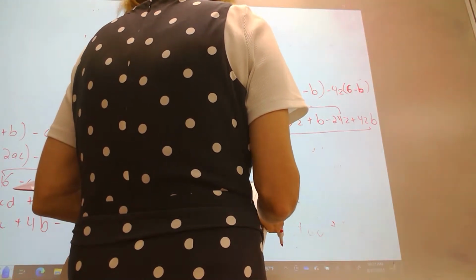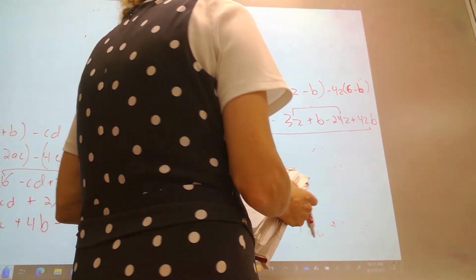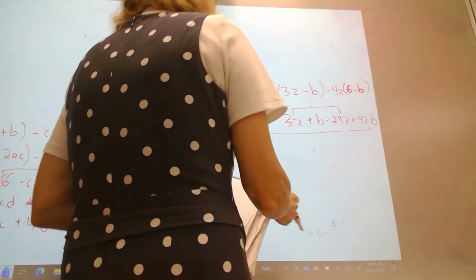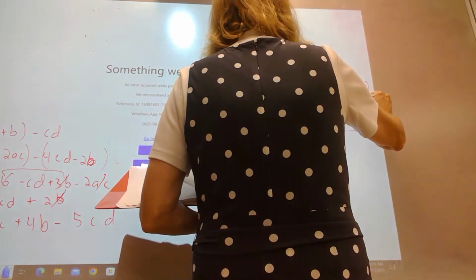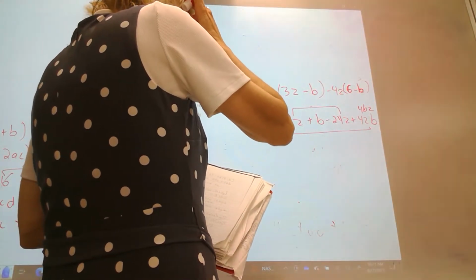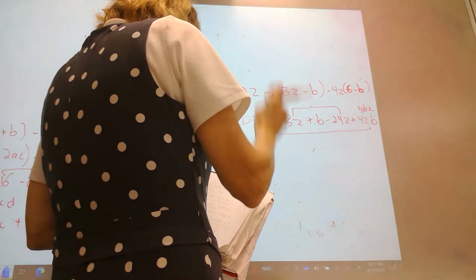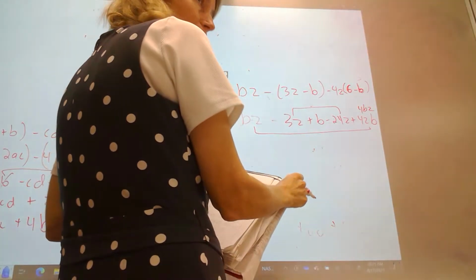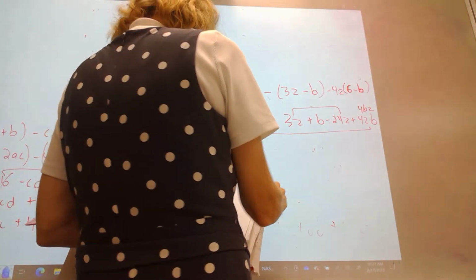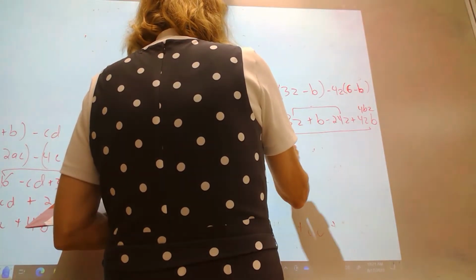Okay. So you have bz plus 4zb, which is the same thing as 4bz. What's 1bz plus 4bz? 5bz, right?